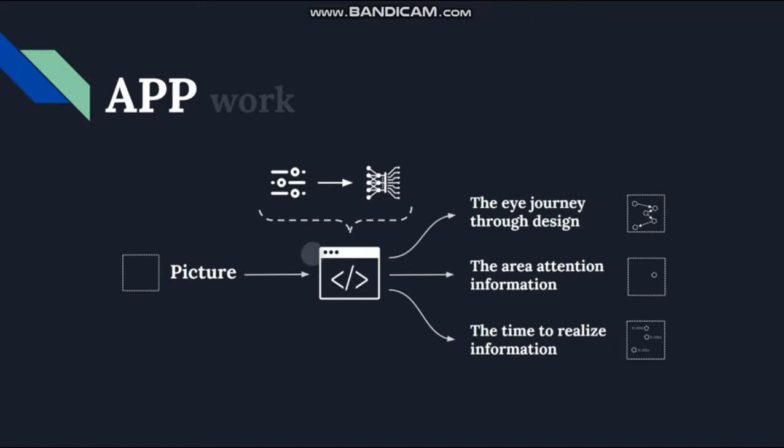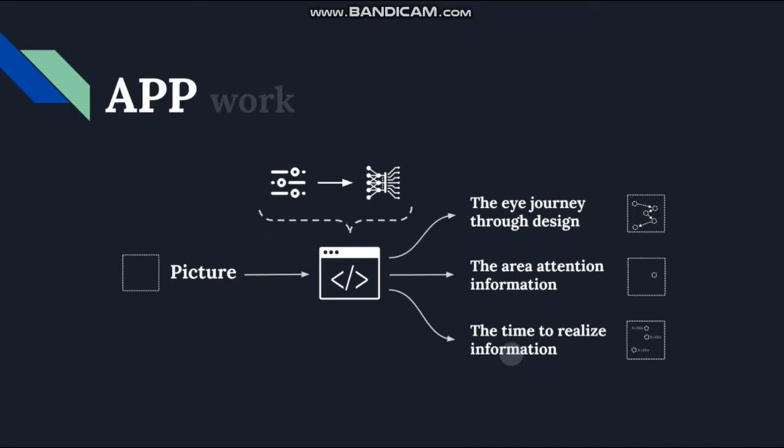That's the main idea. The picture comes to the program and we receive UX information: the eye journey through design, the area attention information, and the time to realize information.